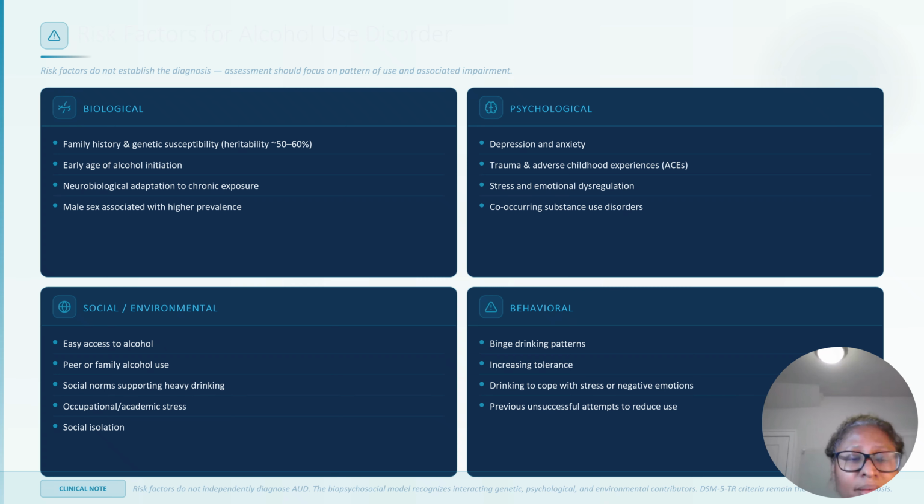As far as social and environmental, if there's easy access, so maybe alcohol cabinets that are not locked, and it's very prevalent in the house, peer or family alcohol use, or it's just normal, it's everywhere you are. People are providing access for you. It's just a normal thing. Or even social isolation, where you decide that you want to drink by yourself and no one's around to stop you.